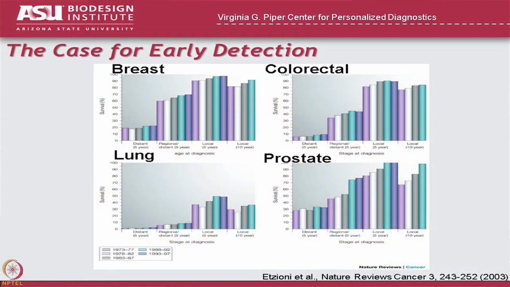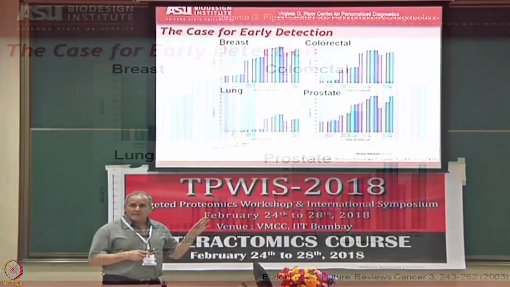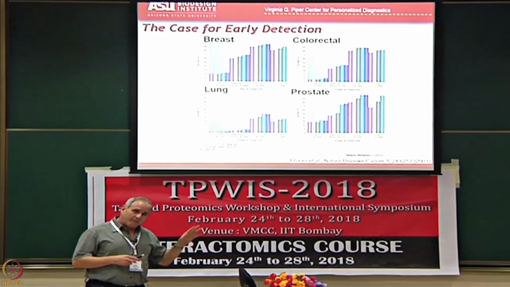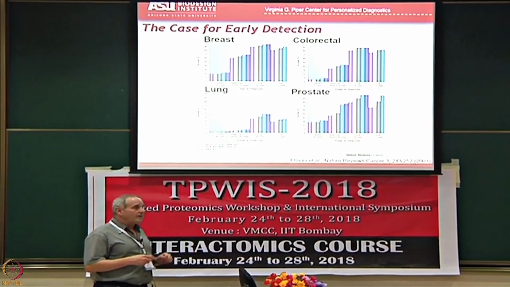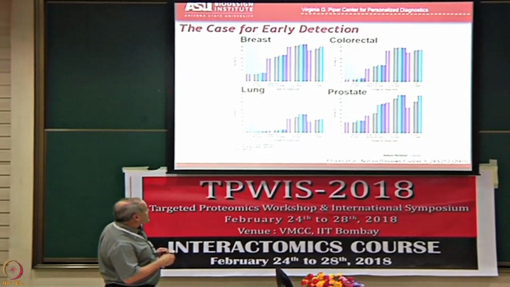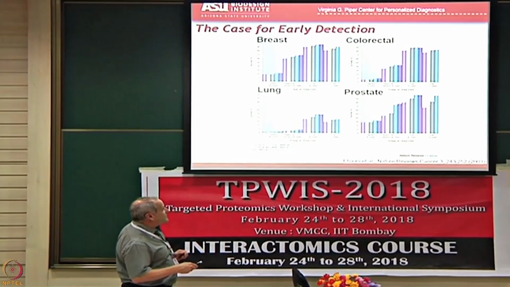And I think I've shown you this already. Just to remind you, what we're looking at here are the 4 most common cancers in the US at least. They're all epithelial-based cancers. They are the big killers of people in our country with cancer. These are survival plots, so the percent of people surviving based on stage of disease.